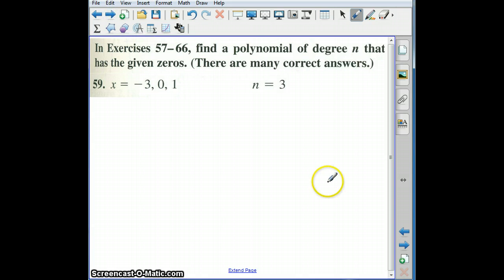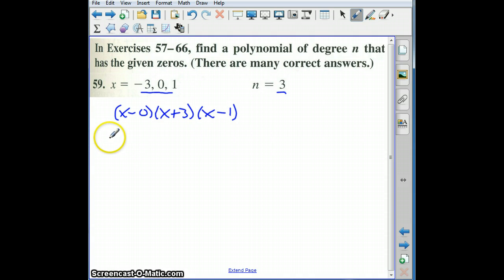All right, let's turn things around. Let's say that we know what the zeros are, but we don't know what the polynomial is. We'd like to write a polynomial of degree 3 that has these zeros. So basically that means that we have these factors: x minus 0, x plus 3, and x minus 1. Because I have 3 factors, I'm going to have a third degree polynomial when I multiply it all out.